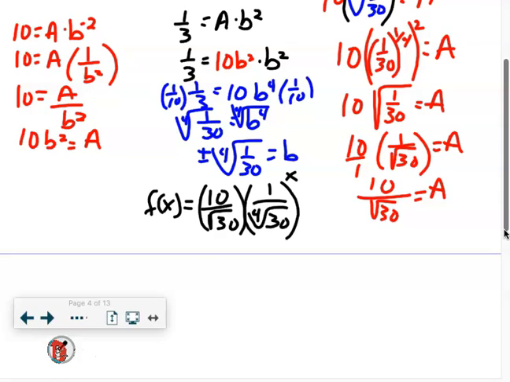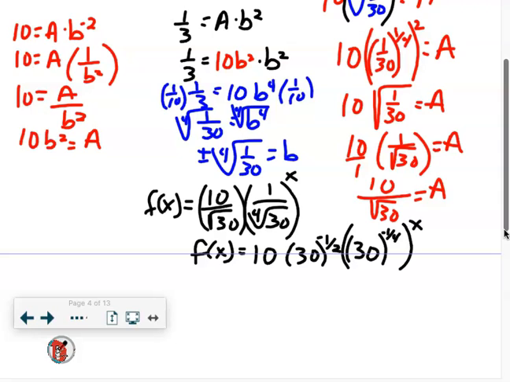So what they will do is they'll say, all right, this is really 10, and this is on the bottom, so it was a reciprocal, which means it had a negative power, and it was a square root, that's the 1/2 power, so this is 30 to the 1/2 power, and this is really 30 to the, oh, I forgot my negative, I said it and didn't write it, 30 to the negative 1/4 power to the x.